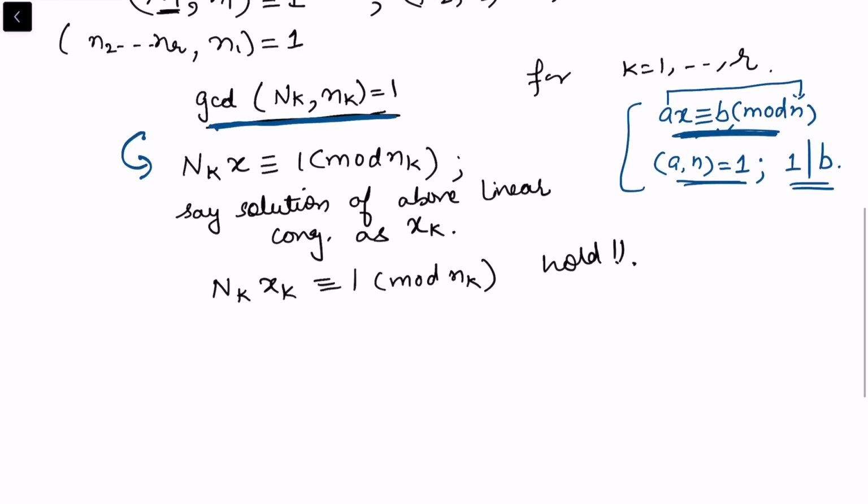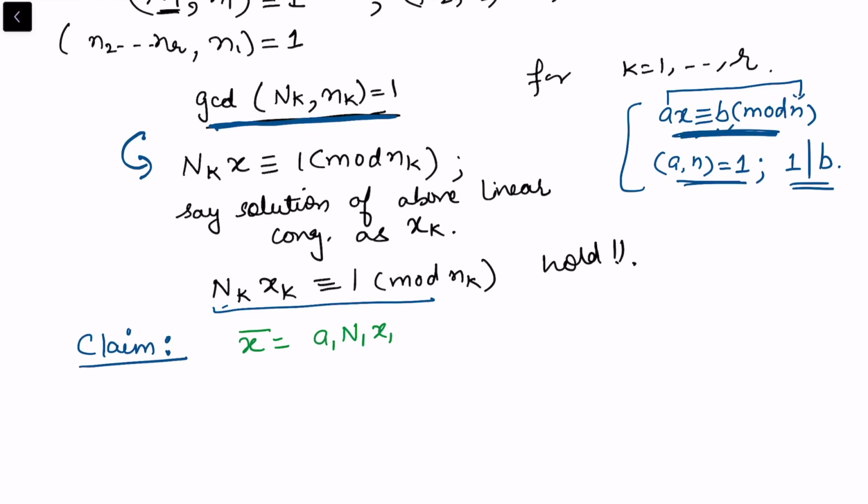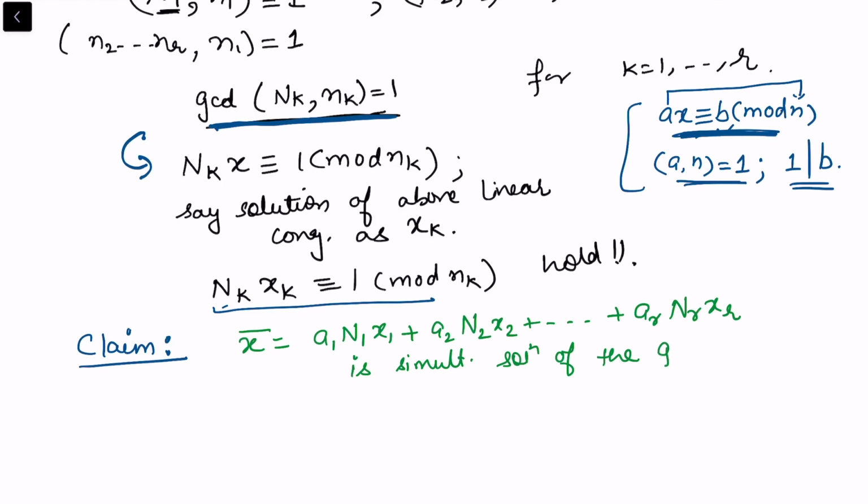So now we have solved the first congruence and we want to put up a claim that if I consider a simultaneous solution, that is x bar, which is equal to a1 capital N1 into x1 plus a2 capital N2 into x2 plus so on plus ar capital Nr into xr, this is the simultaneous solution of the given system of congruences. So this satisfies all the congruences.